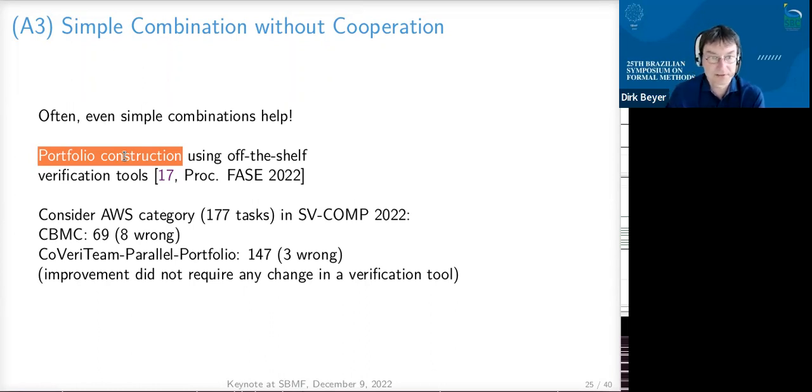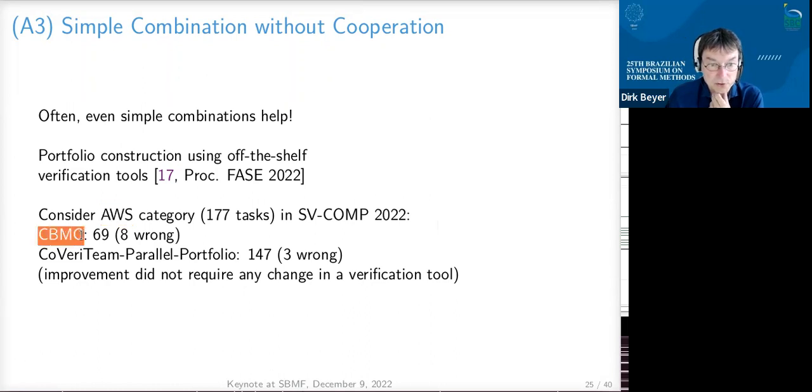And now if we consider the Amazon Web Services category of the benchmark set that we use in the competition, we know that Amazon uses CBMC, which is a bounded model checker, for their continuous integration checking. And CBMC can solve almost 70 of the programs. 8 of the answers are wrong.